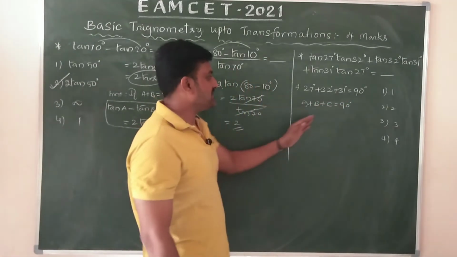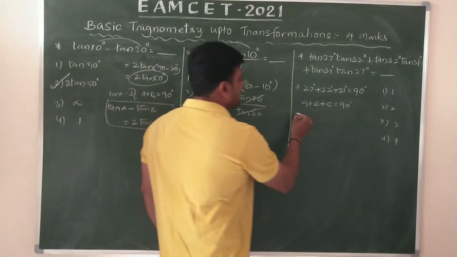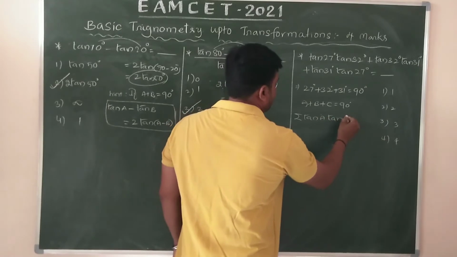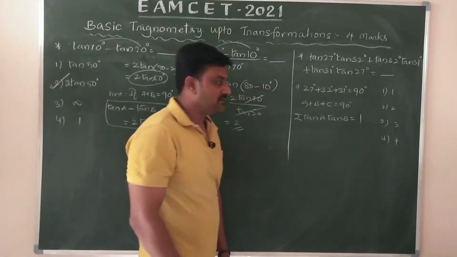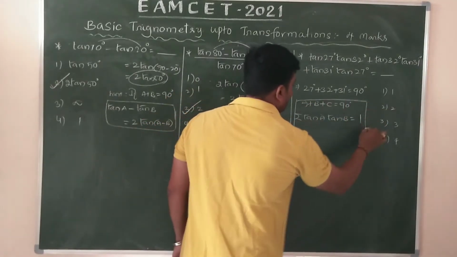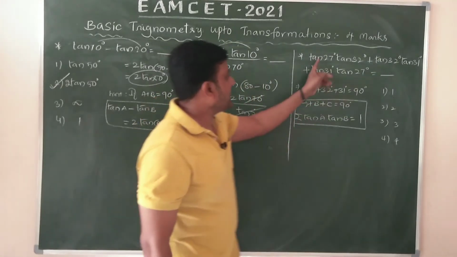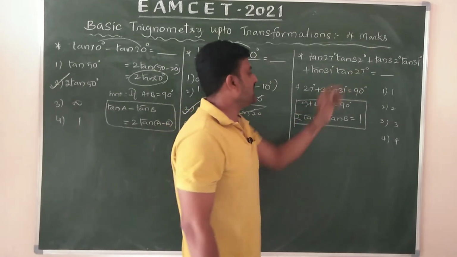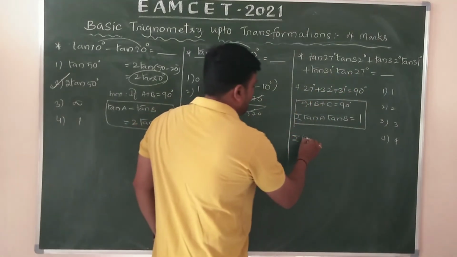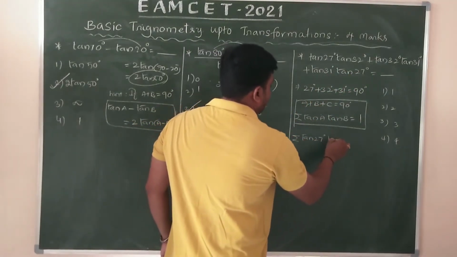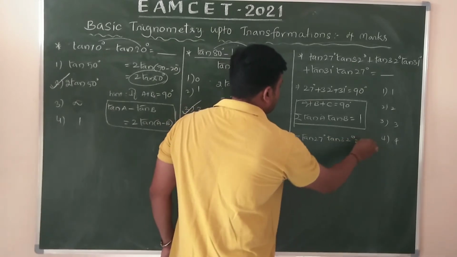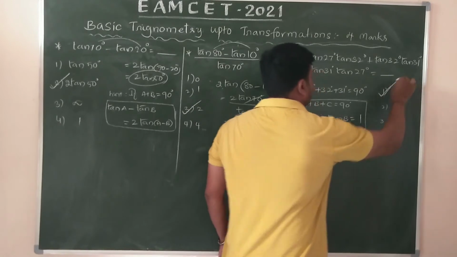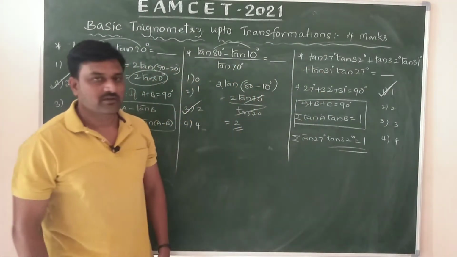If A plus B plus C equals to 90, then sigma tan A tan B equals to 1. Now it is like tan A tan B plus tan B tan C plus tan C tan A. So sigma tan 27 tan 32 equals to what? 1. Now this is nothing but 1. The option number 1.